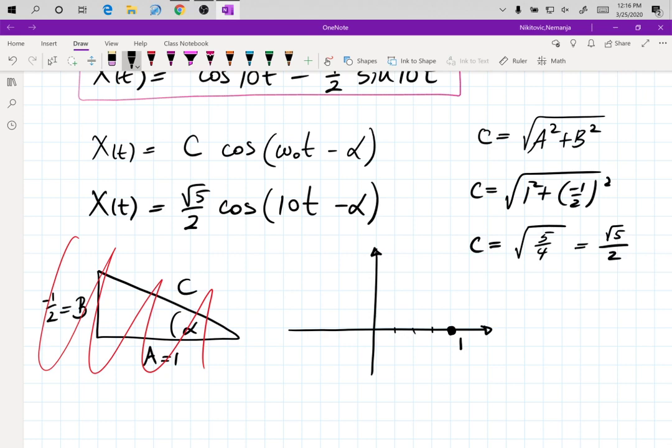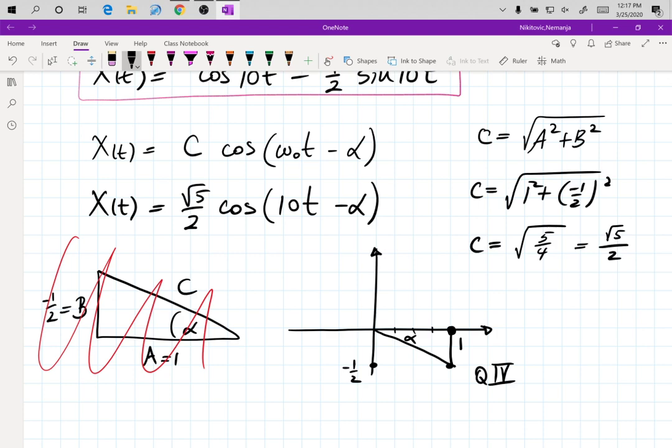And then I have B to be -1/2, which is here. So here's the triangle. That's the 4th quadrant. And that's the alpha.